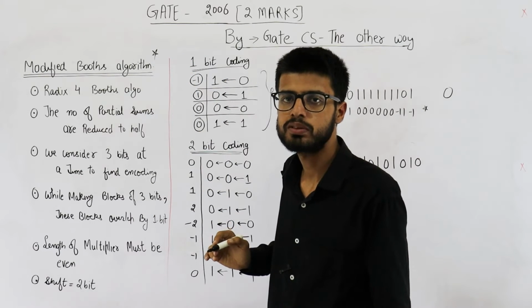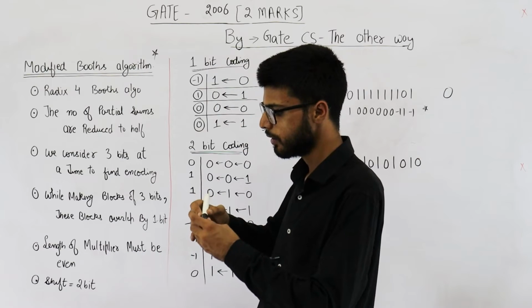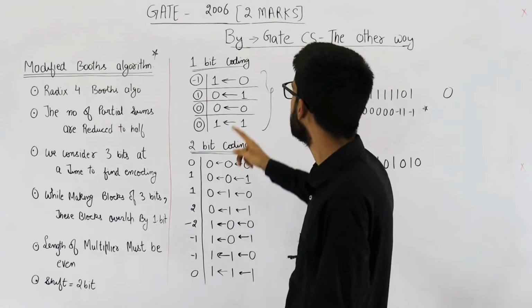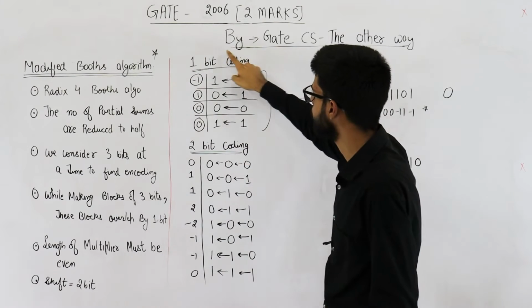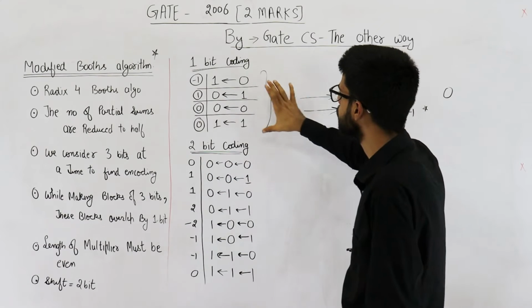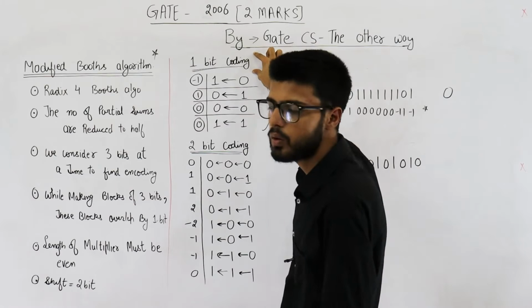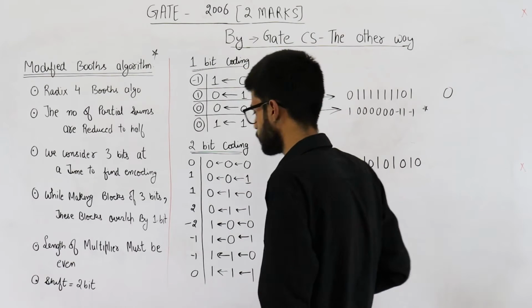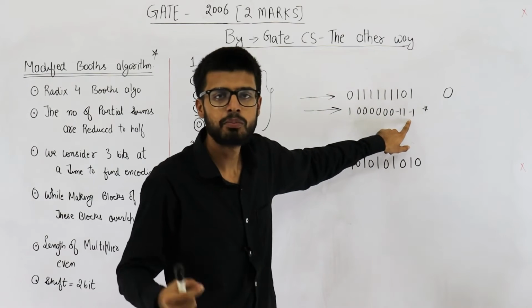This modified Booth's algorithm is an improvement to Booth's algorithm. Okay. In normal Booth's algorithm, 1-bit coding is used. This is for normal Booth's algorithm. This is for modified Booth's algorithm. See, in normal algorithm, why is this coding called 1-bit coding? Because for every bit of multiplier, you will have 1 bit in code.